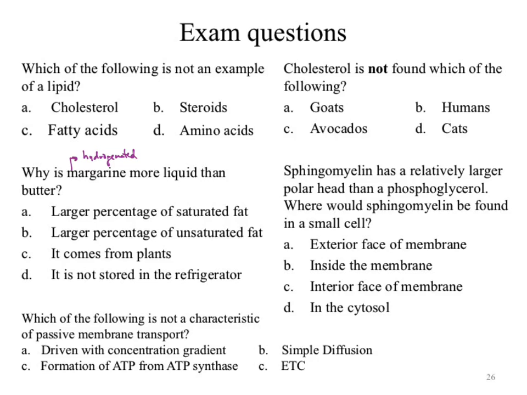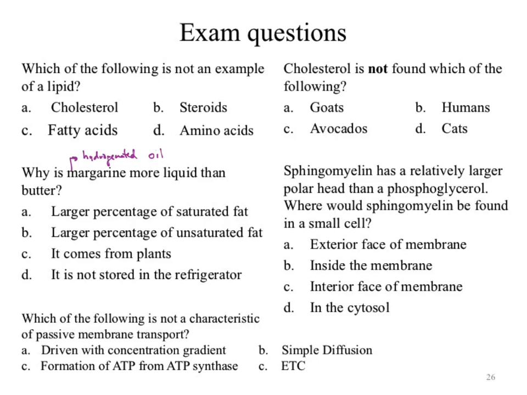Fat is typically associated with animals. Margarine is typically not animal, it's plant. So we're looking at hydrogenated oils officially. Okay, so we're adding hydrogen to our oil. So why is hydrogenated oil still more liquid than butter?